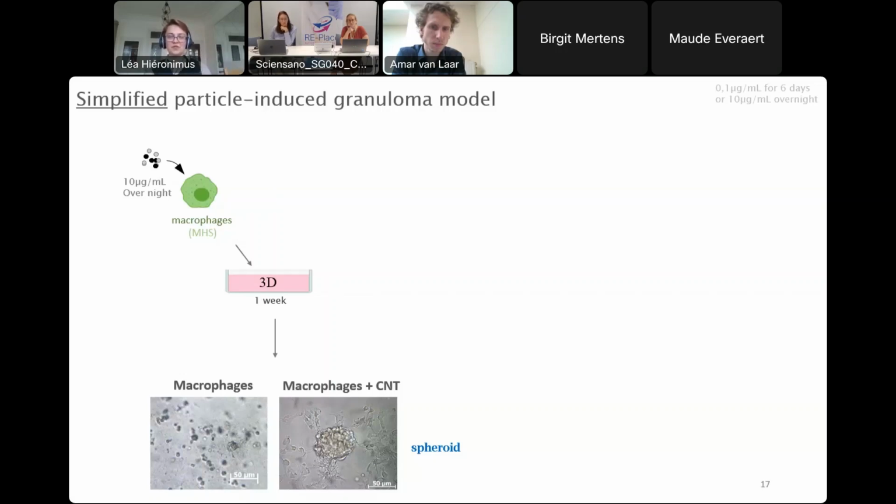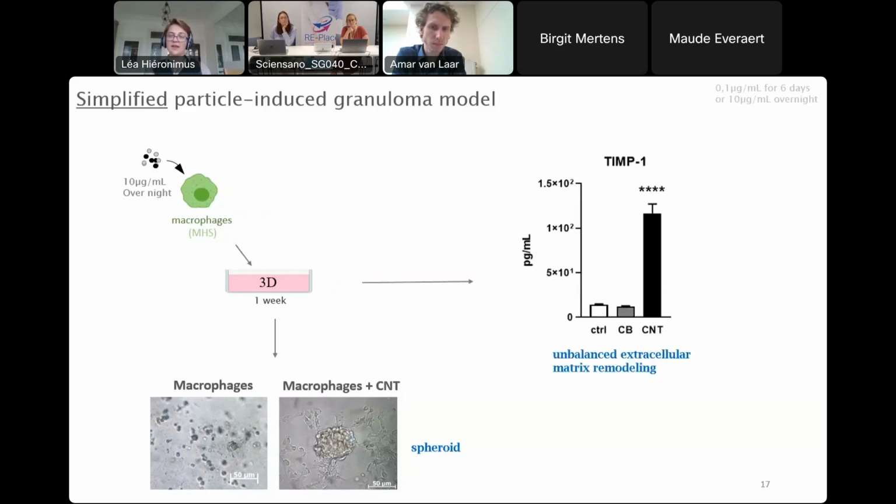I've also measured the levels of TIMP1, and macrophages alone are sufficient for the release of TIMP1 in granuloma-inducing conditions. So this is a simplified version of the model, which I've been using for my PhD thesis. My PhD thesis did not focus on forming a new granuloma model.